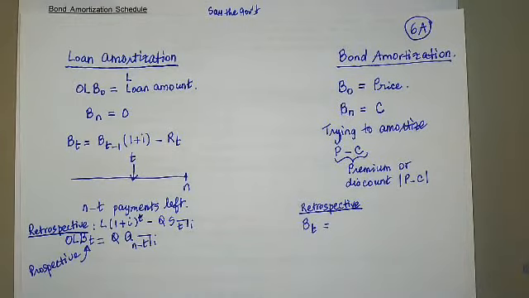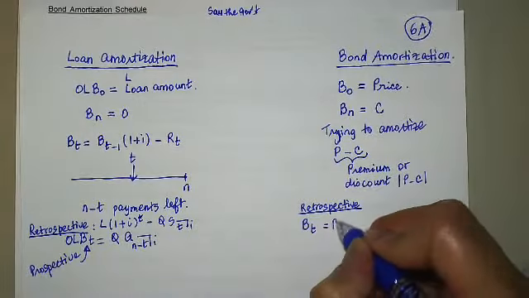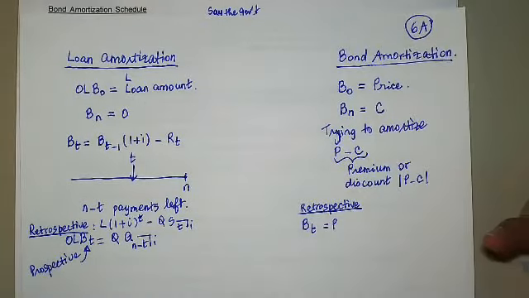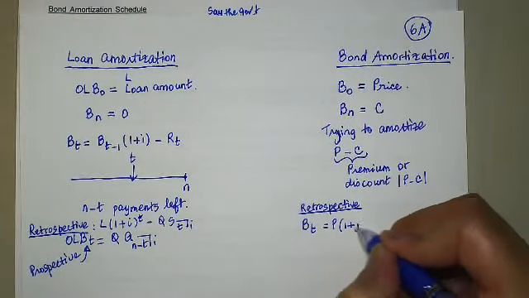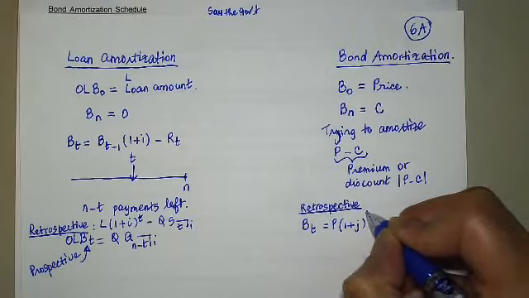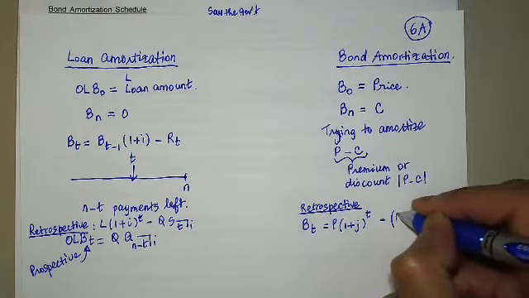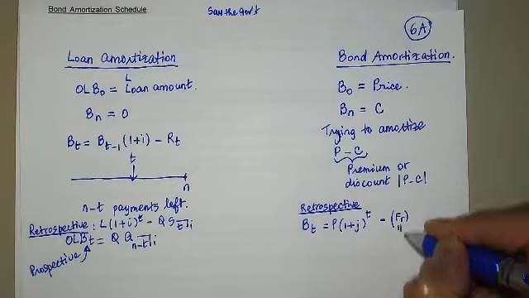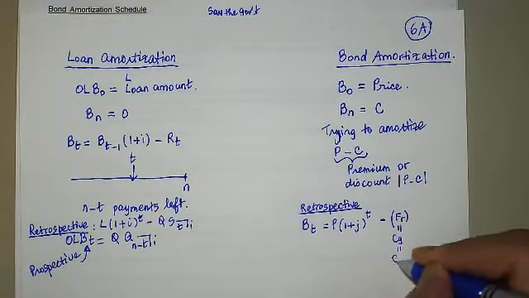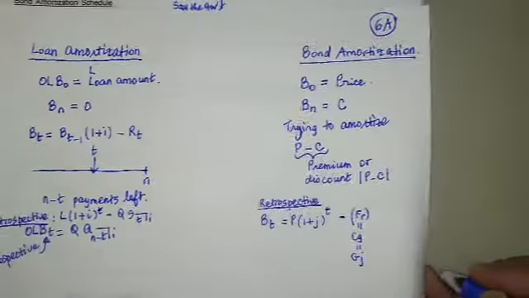Can you do it? What's already paid, guys? Price. Yep. Price P times 1 plus J to the t minus coupon payments already made.